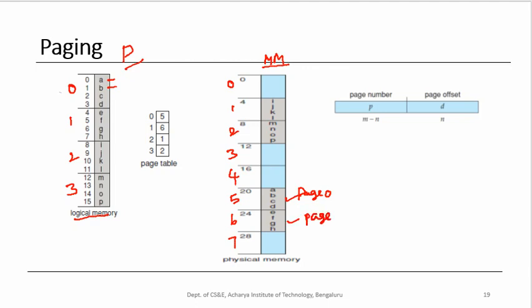This is page 1, and page 2 is put in frame 1, and page 3 is put in frame 2, and each frame is of size 4 bytes. As I told you, page size is also 4 bytes.